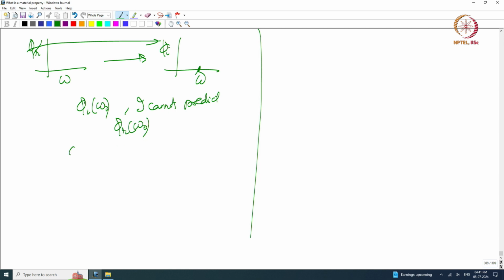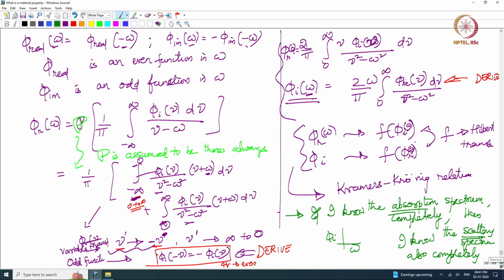Because phi r at omega naught is equal to 2 by pi integral of nu phi I of nu divided by nu square minus omega naught square, d nu. That is the formula.